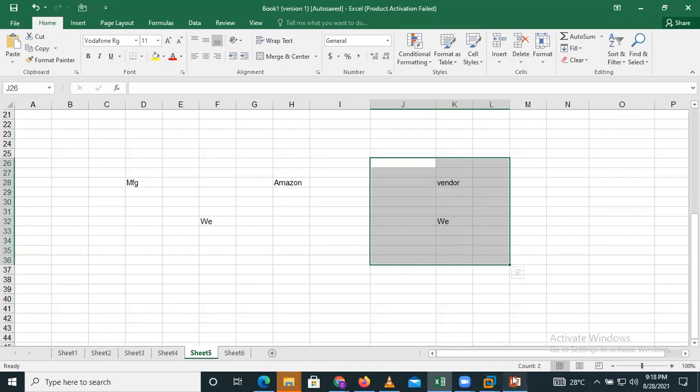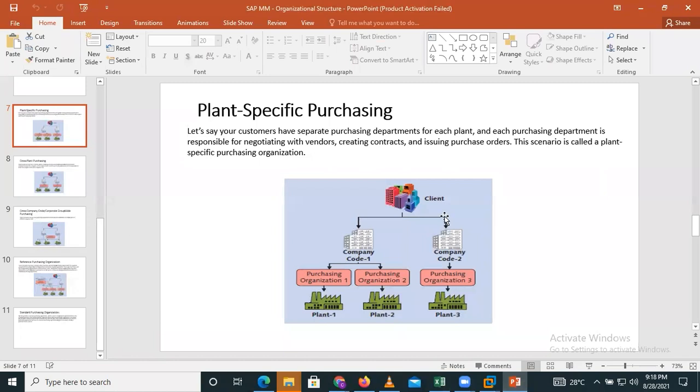Initially, we are just focusing on the organization setup currently. While doing organization setups, we are seeing the different types of business scenarios we can have. A business can follow plant specific purchasing, where each plant has its separate purchasing department.